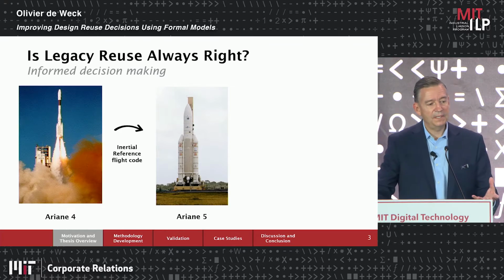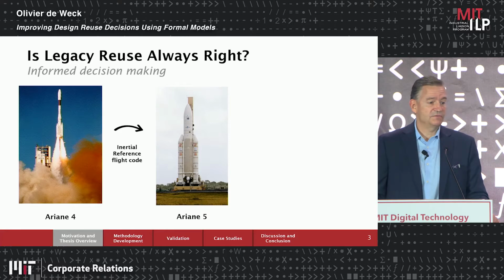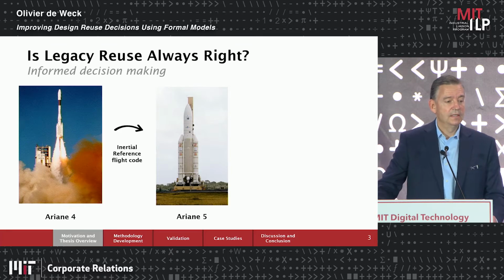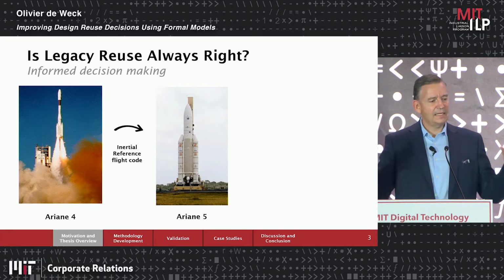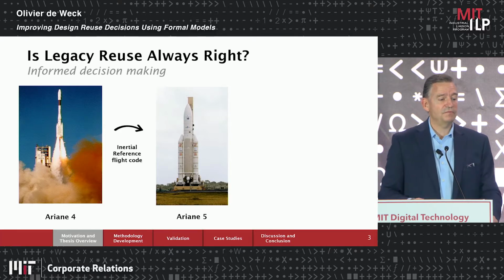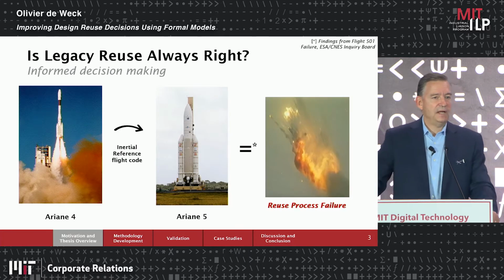Ariane 4, the European launcher out of Kourou, French Guiana, was a very successful launch vehicle. The French developed the Ariane 5, which is still in use today. And basically it was a new design, but they reused bits and pieces of it, including the inertial reference code. And on the very first flight, this led to a major accident.